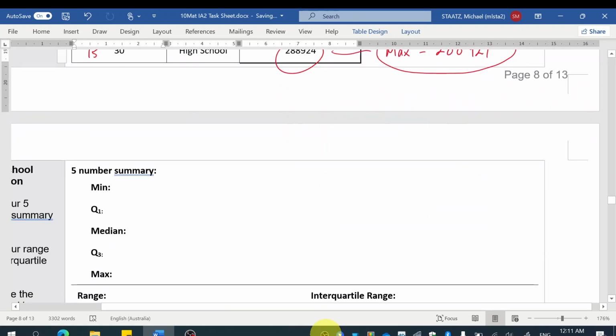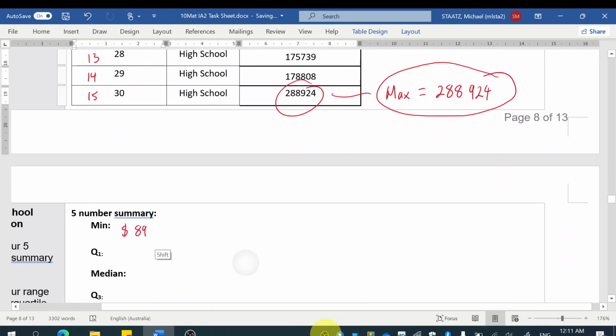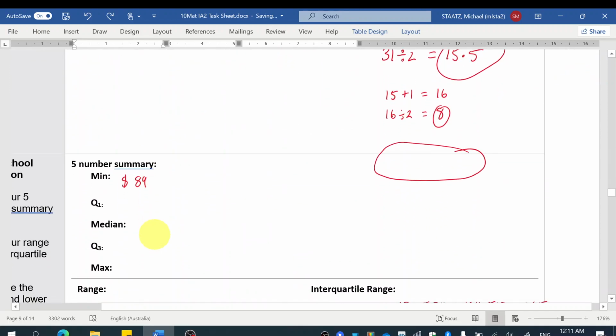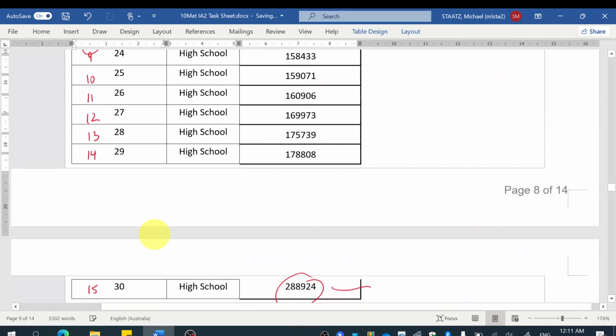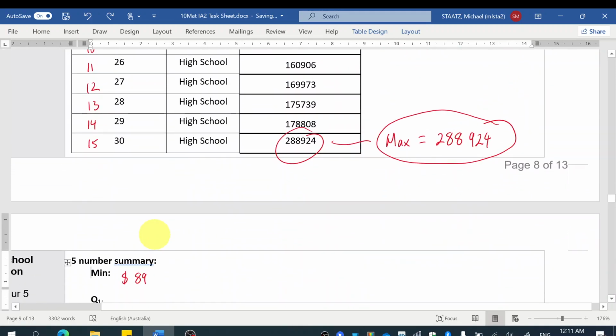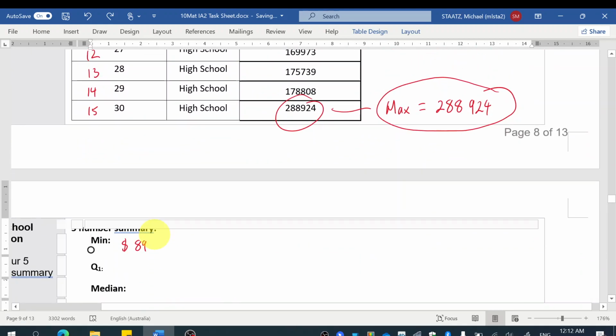I'm then going to take each of those values, the first one's 89,142, and on the next page of my task sheet, I'm going to write that in, and I'm going to put my dollar signs. So 89,142.